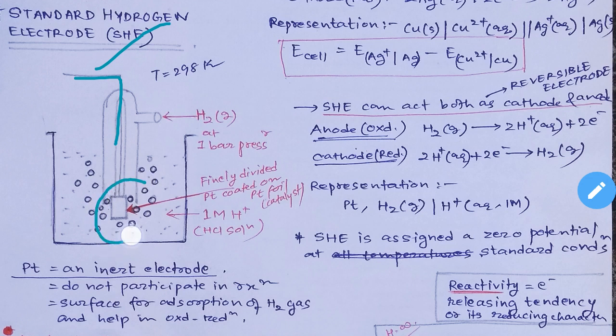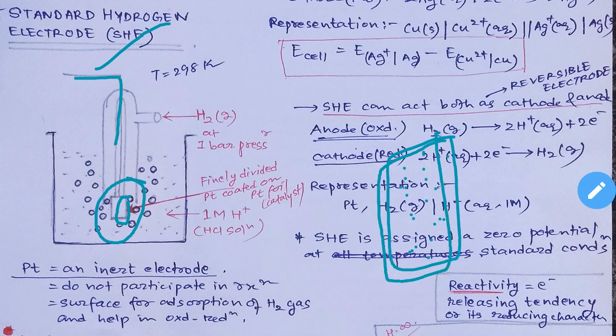And this is very important, this is a platinum foil, a platinum plate, and on this foil very finely divided platinum metal powder is coated.